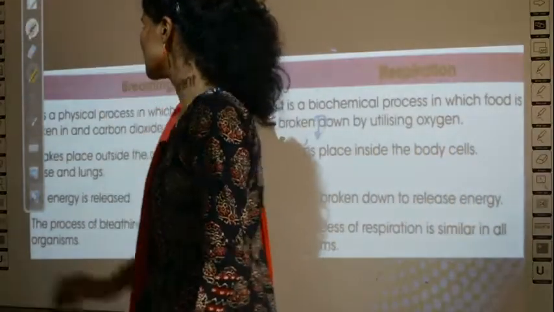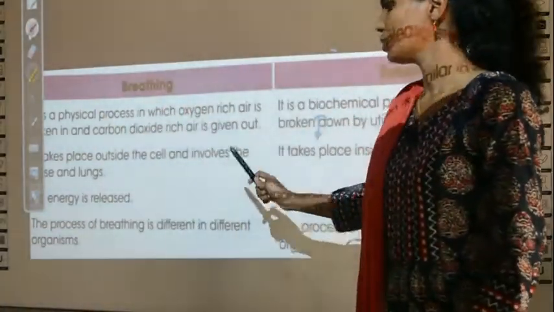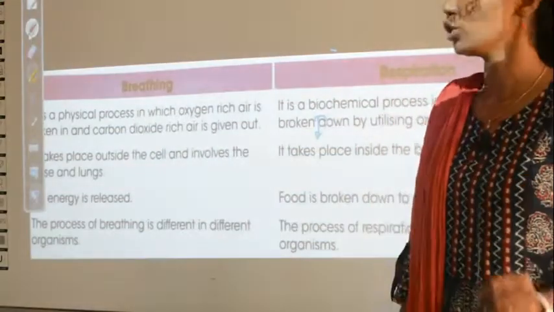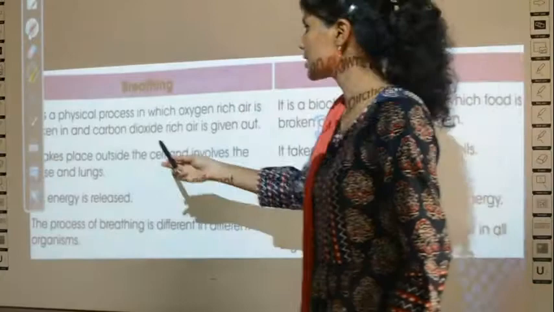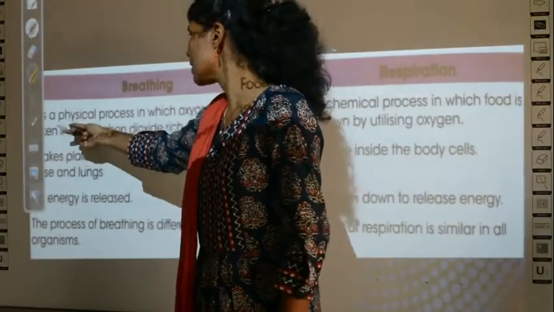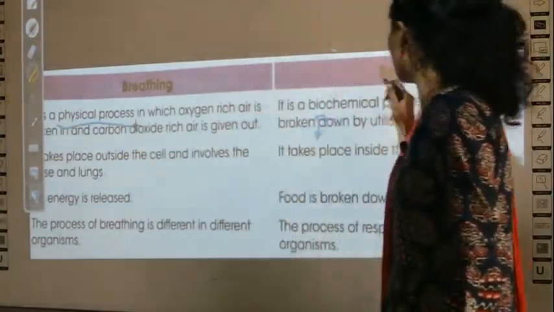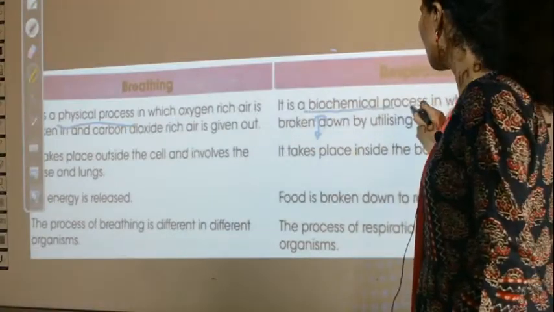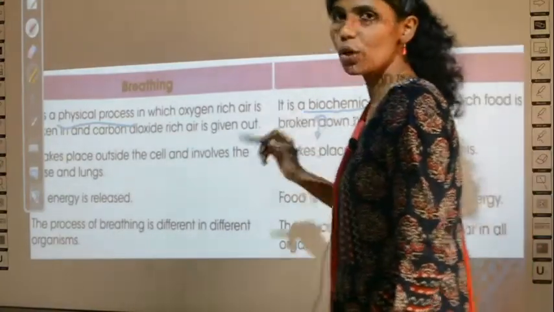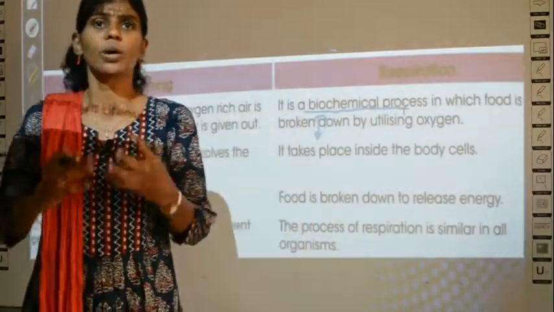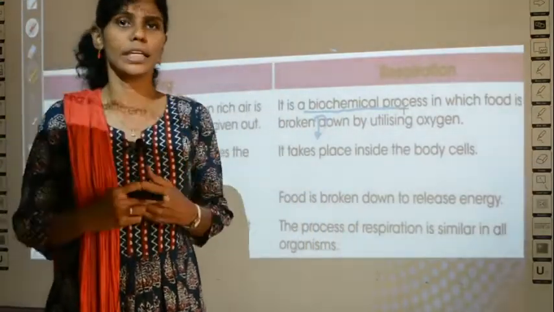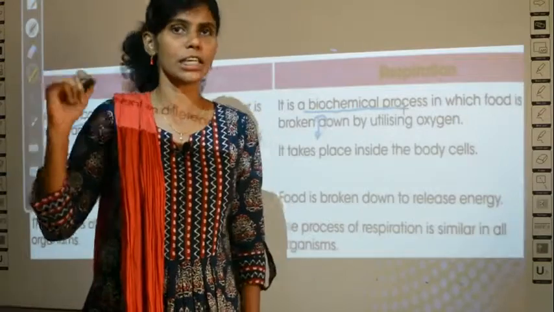How many differences are there? There are 1, 2, 3 and 4. 4 differences given in your book. This is from your book only. Okay. So first, breathing is a physical process and respiration is a biochemical process. Why is it called a physical process? Whatever you can see directly with your eyes, whatever you can measure the quantity of, is called a physical process.